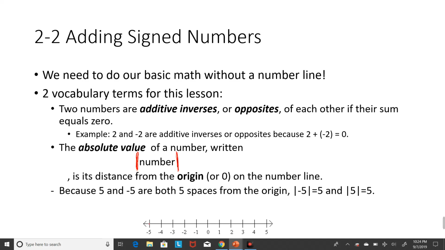So I'll show you what I mean. So here's -5. The absolute value is going to be the distance from the origin. So 1, 2, 3. I already messed it up. Sorry. 1, 2, 3, 4, 5. That's 5 spaces. And it will be the same if we go from +5.